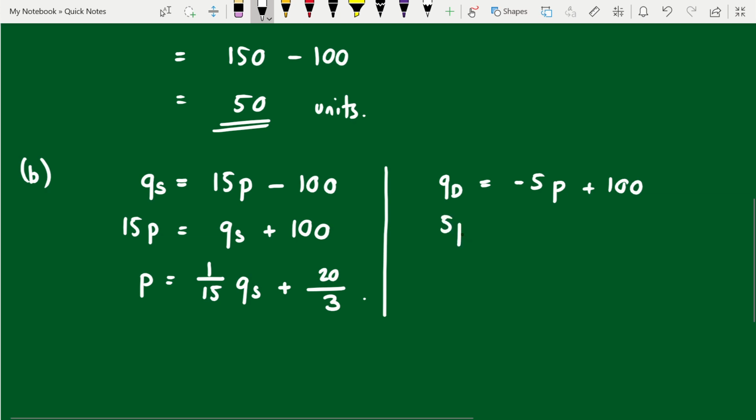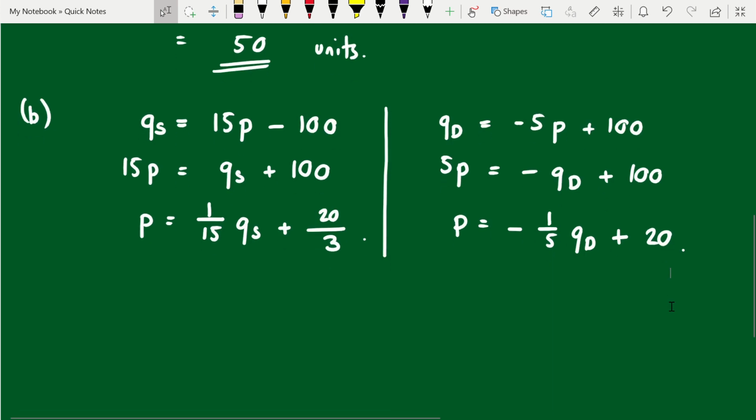Rearranging this for p on one side, we get 5p is equal to negative QD plus 100. And then p is equal to minus 1/5 QD plus, and in this case 100 upon 5 is simply known as 20. So there we have the two equations in rearranged form.